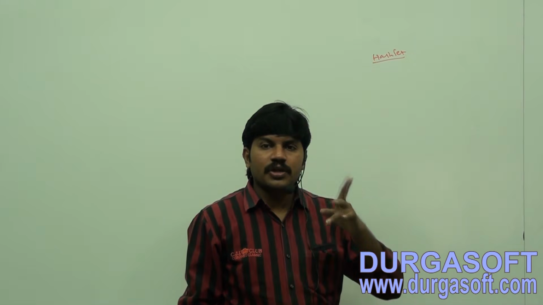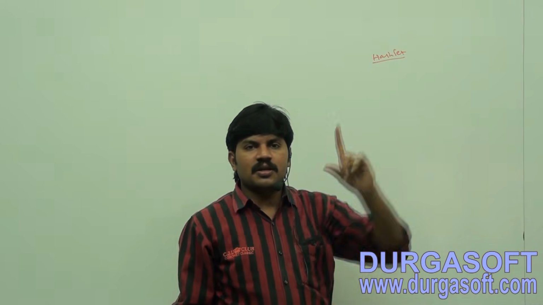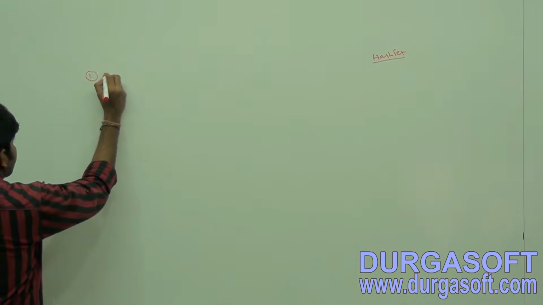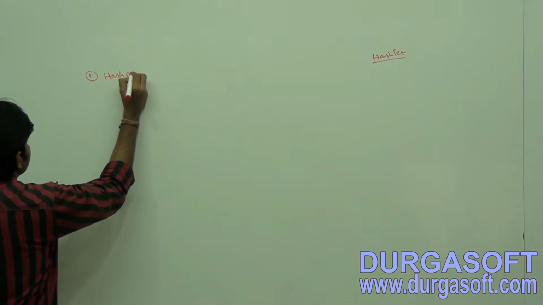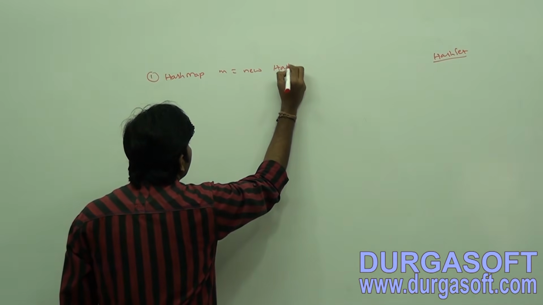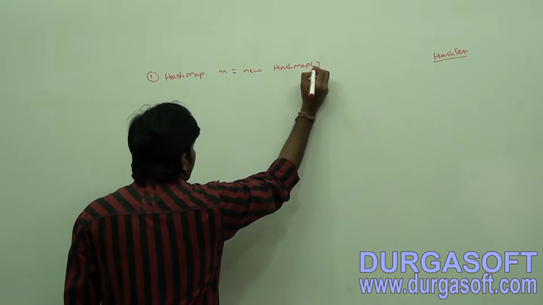Hashing related data structure. So, 4 constructors. Even as I spelled out for hash set, the constructors are the same for hash map, linked hash map, everywhere. Now observe the first one: hash map m is equal to new hash map.